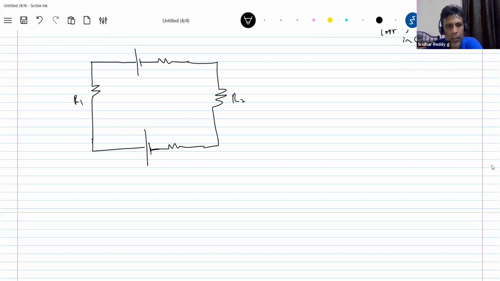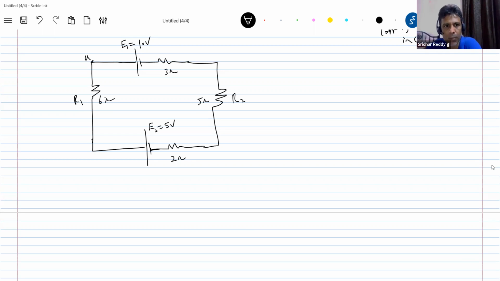So let this be 6 ohm, 5 ohm, 3 ohm, this 2 ohm. This is E1, 10 volt, E2 5 volt.